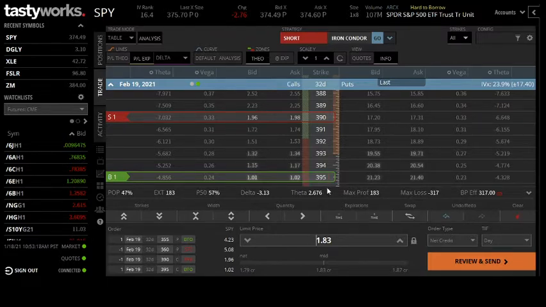So we are collecting more theta. Now we have a positive 2.67. So every day we're holding this, our contract is gaining $2.67. Even if SPY does not move, our contract is gaining this money. Net, we have a -3 delta. So we'll go to our delta values. We have a net -20 delta and a +12 delta.